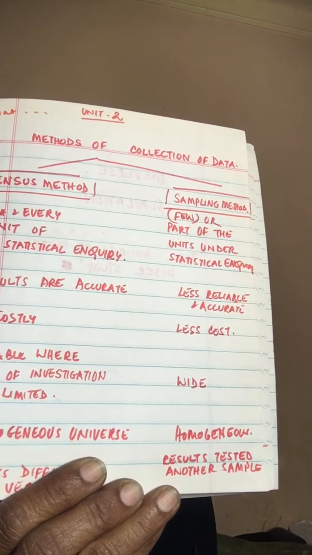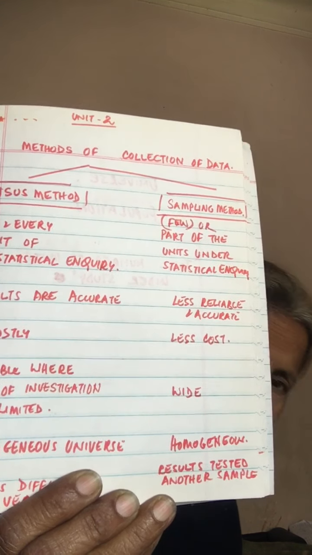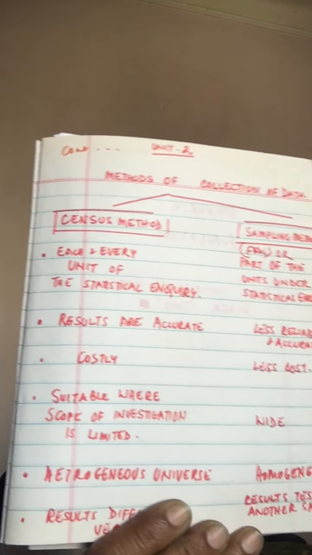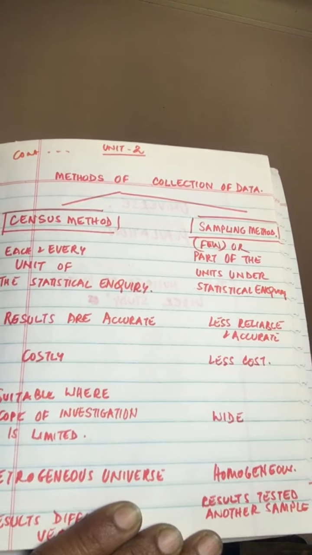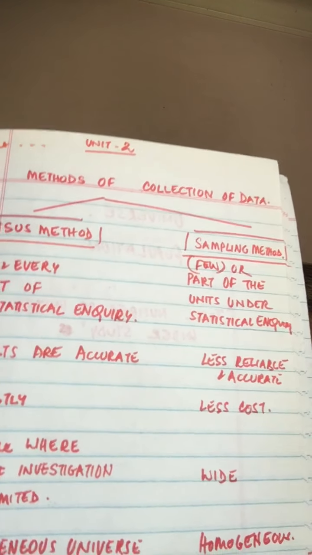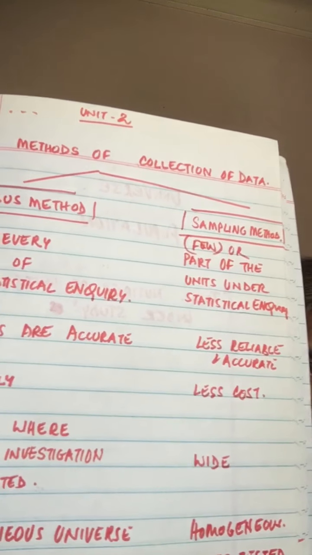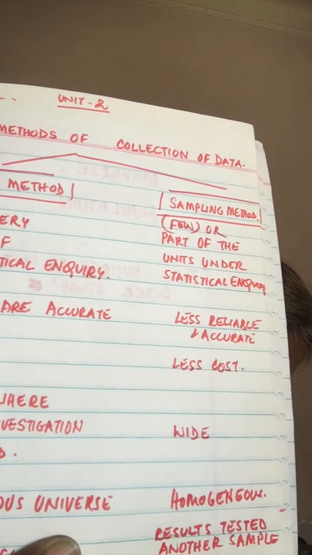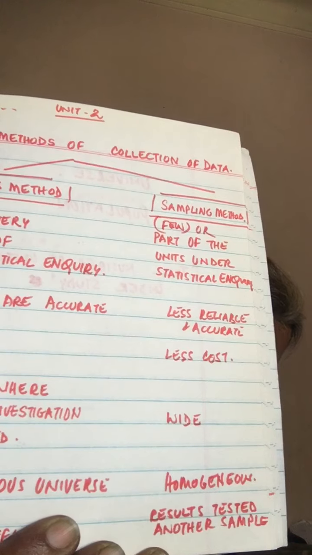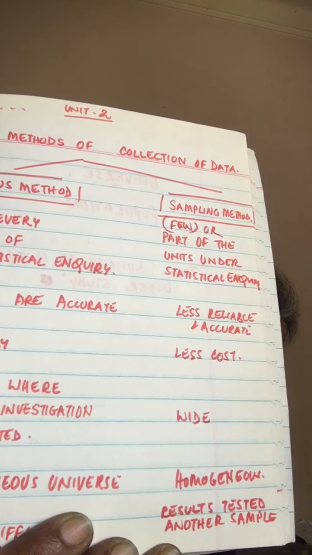Talking about the cost, census method is a costly method, as it requires a large amount of money, time and labor. When you're talking about sampling method, it is economical, because you're spending less money, time and labor.